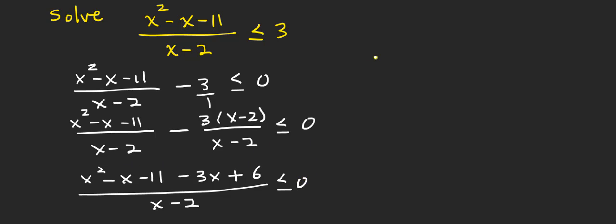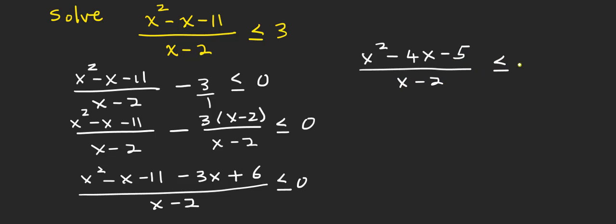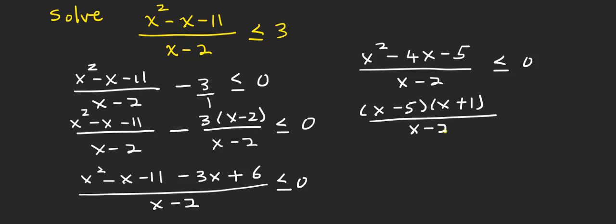So let's combine the like terms. You end up getting x squared minus 4x minus 5 all over x minus 2 is less than or equal to 0. Fortunately, this is factorable. So what do you get? You get x minus 5, x plus 1, all over x minus 2, is less than or equal to 0.